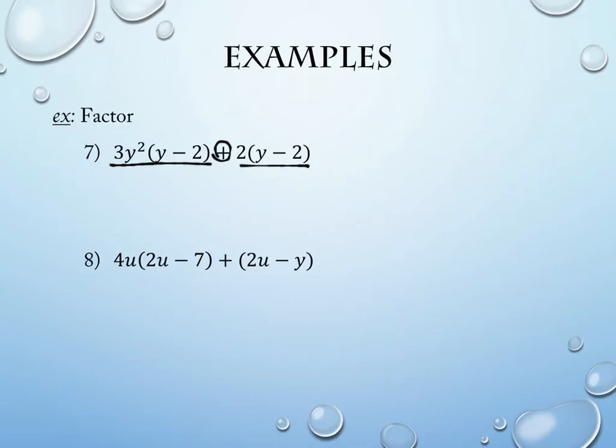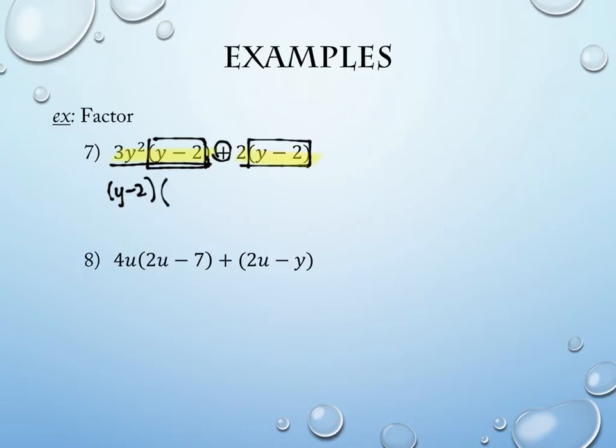Now, if I look at the first one and I compare it to the second one, what factor do they have in common? They have y minus 2 in common. Does everybody see that? That's distinctly different looking than the ones we've done before, but they do have a y minus 2 in common. So what I'm going to do is factor the y minus 2 out in front. We've already looked at this a little bit in another example 2 or 3 days ago.